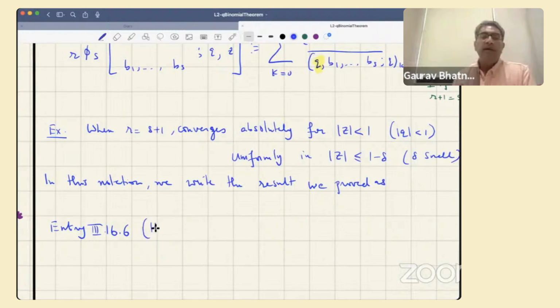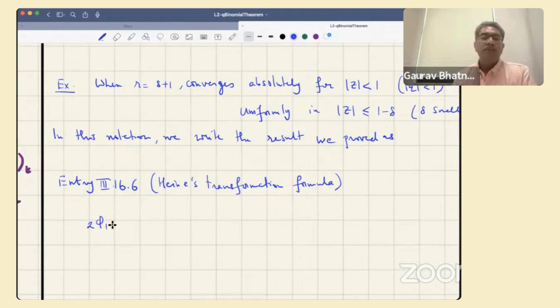It's called Heine's transformation formula. And we can write it like this. So 2 phi 1, numerator parameters are c, b/a, b, q, and a.